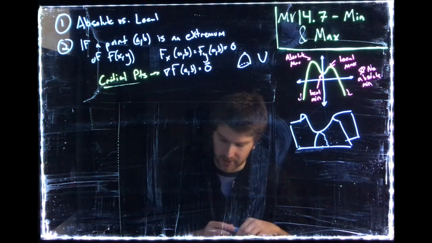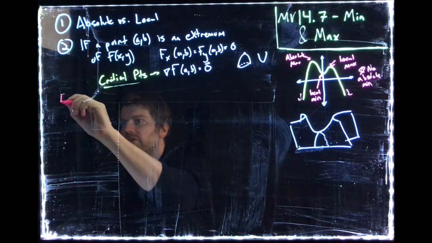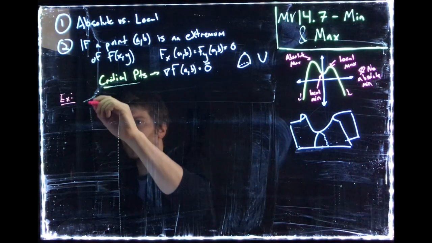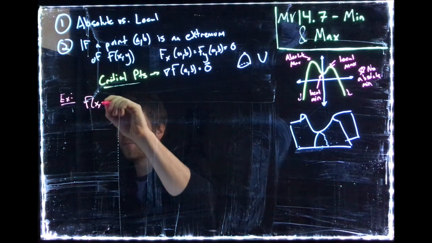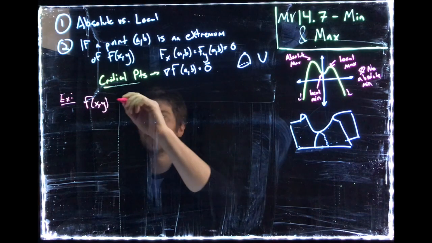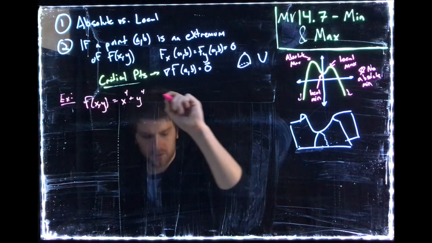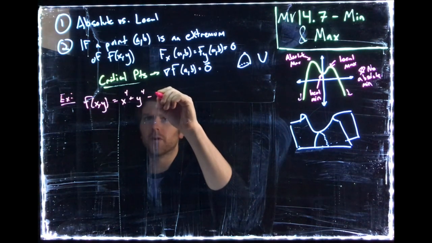So let's take a little example here. Let's take as our example the following function. f of x, y equals x to the 4th plus y to the 4th minus 4xy plus 1.